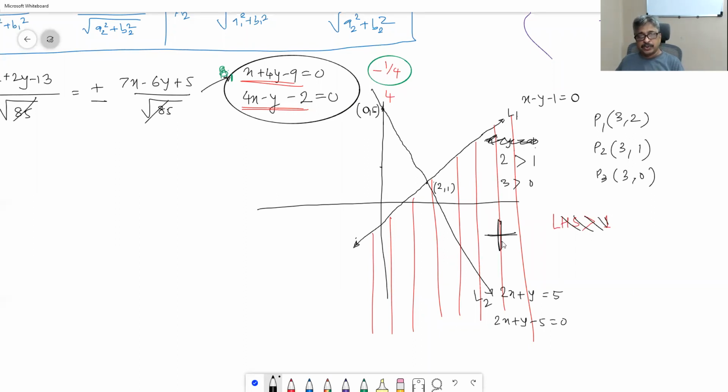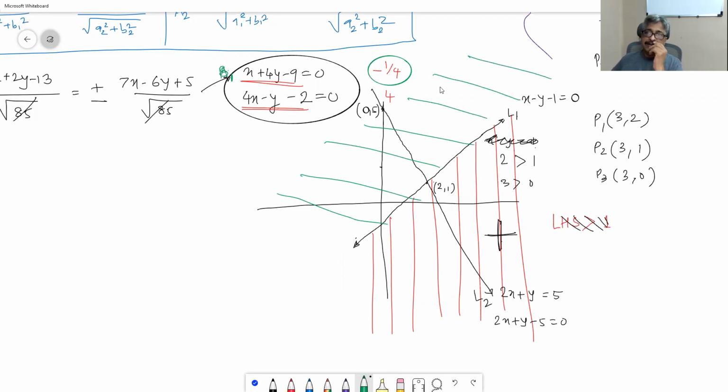Let us check the other side. If I take P4 as (3, 3), I get 3 minus 3 minus 1, so LHS becomes smaller than 0. LHS is negative, RHS is 0. So all the points in this half plane are negative.